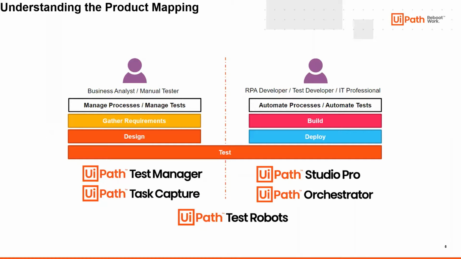Now, adding the testing, Studio Pro will now be able to create test cases, and Orchestrator will allow them to manage or execute those test cases, or schedule them at a specific day or point of time. And then we have the test robots, which are basically dedicated for executing these test cases, which will be developed through UiPath Test Suite.